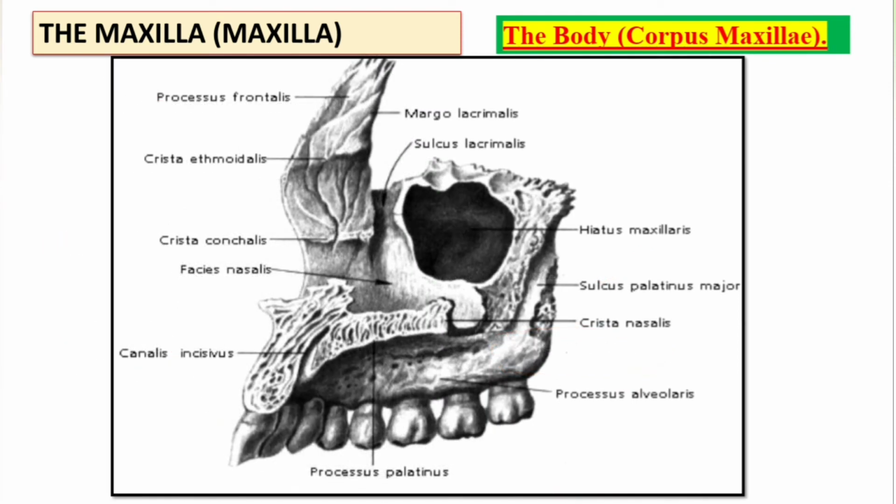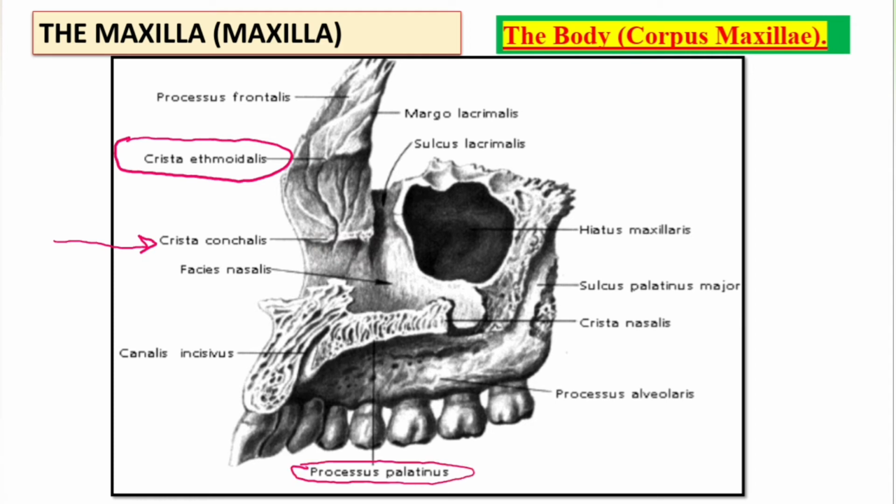Next is the nasal surface, facies nasalis. On this surface, you can see the important crests: crista ethmoidalis, the crest corresponding to the ethmoid bone, and crista conchalis for the nasal concha.